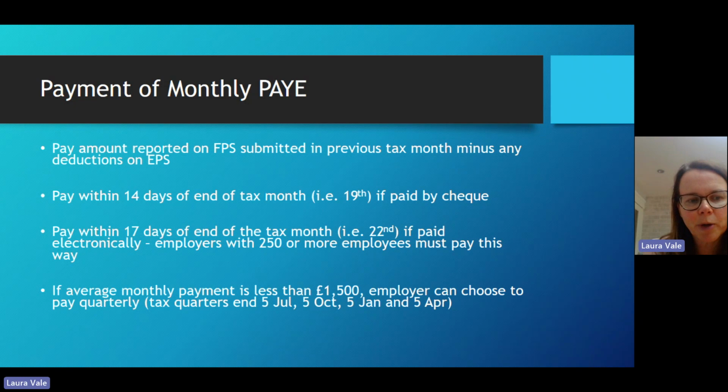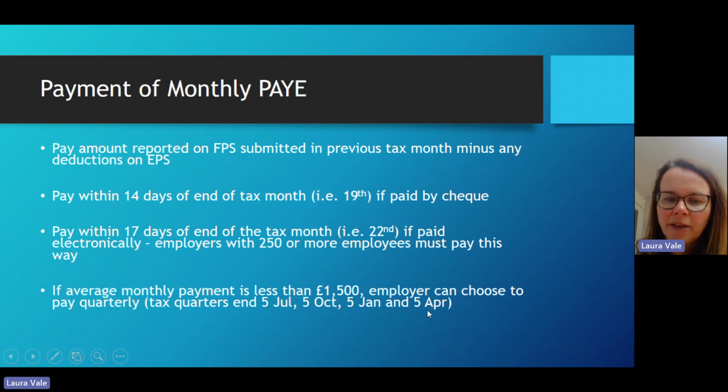Another little point there at the bottom, if the average monthly payment is less than £1,500, then an employer can choose to pay quarterly. And the tax quarters fall in line with the end of the tax year. So you've got the end of the tax year on the 5th of April.